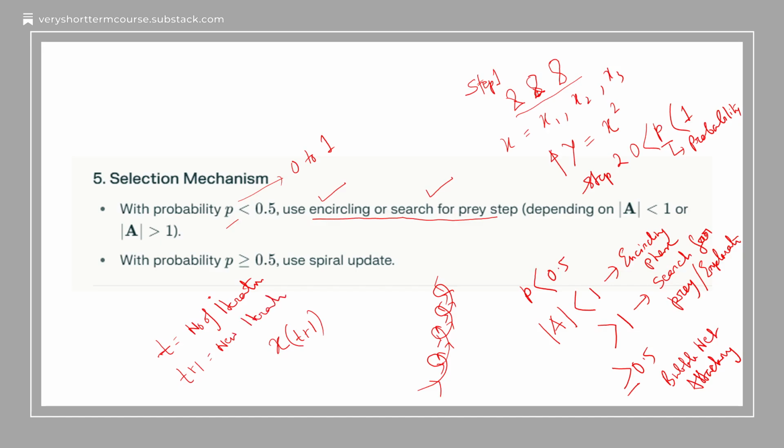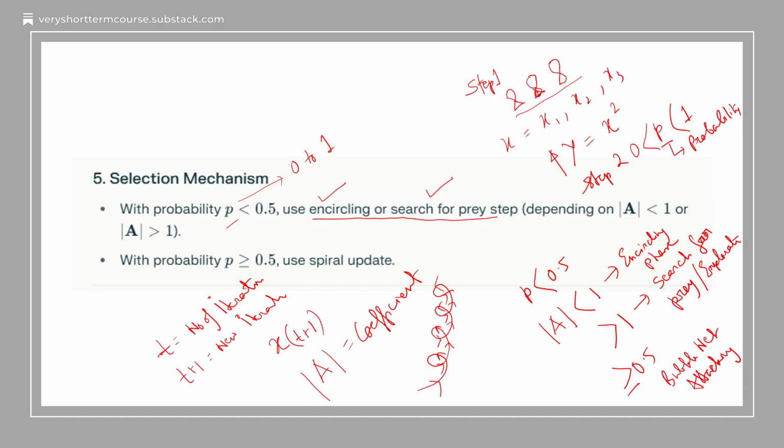In some algorithms we use i, here we use t. And this A is a coefficient vector or a coefficient. How you can find the value of A, I have already discussed in the coefficient vector slide. Please refer to that.